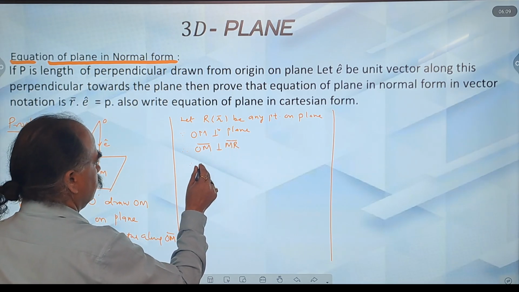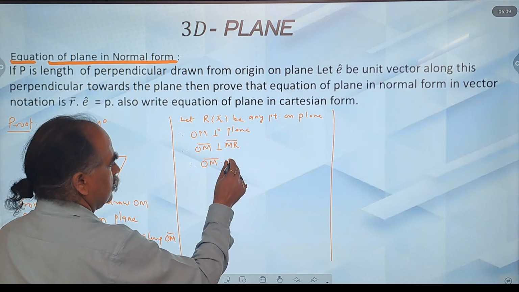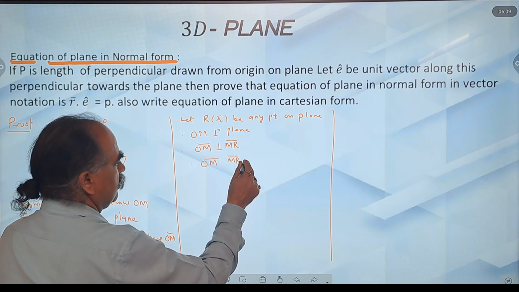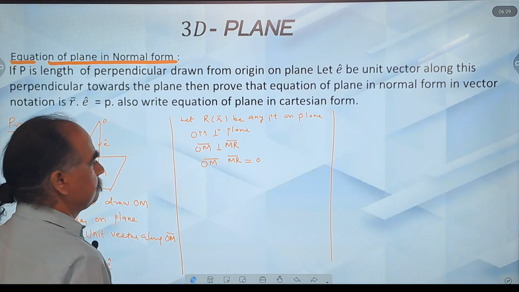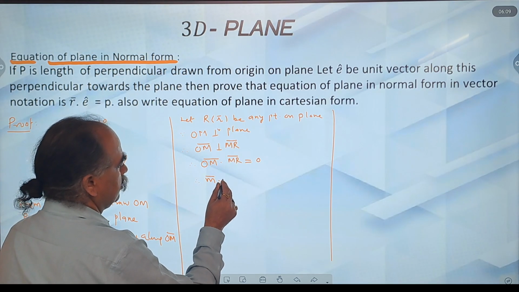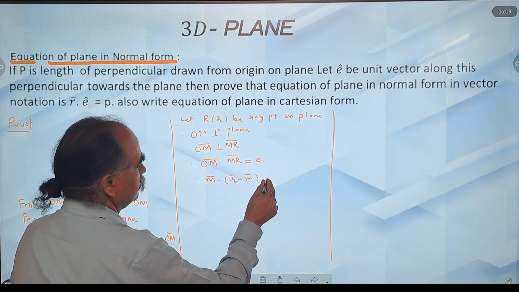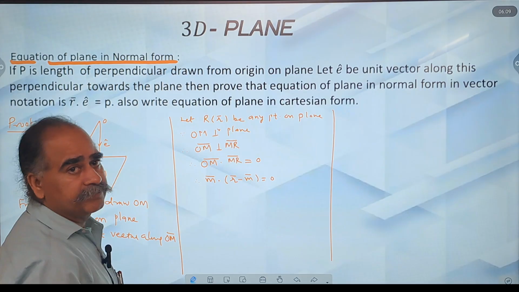So OM bar dot MR bar is what? 0. OM bar is what? M bar dot R bar minus M bar is equal to 0.